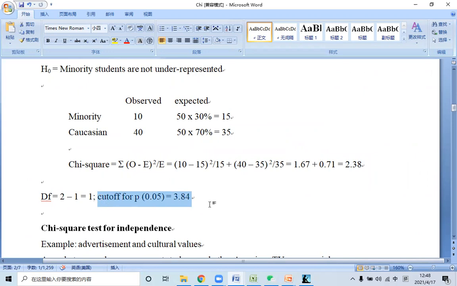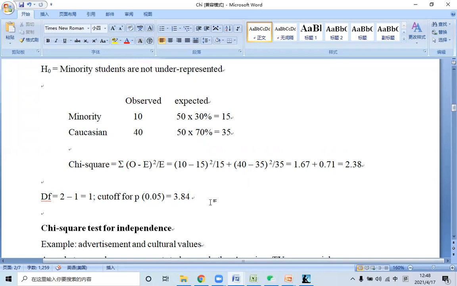We need to have a chi-square that is at least 3.84 to reject the null hypothesis, to say that we have evidence that the Caucasian students and the minority students do not have the same proportion as in the general population. It's less than 30%. That is what we are trying to show.